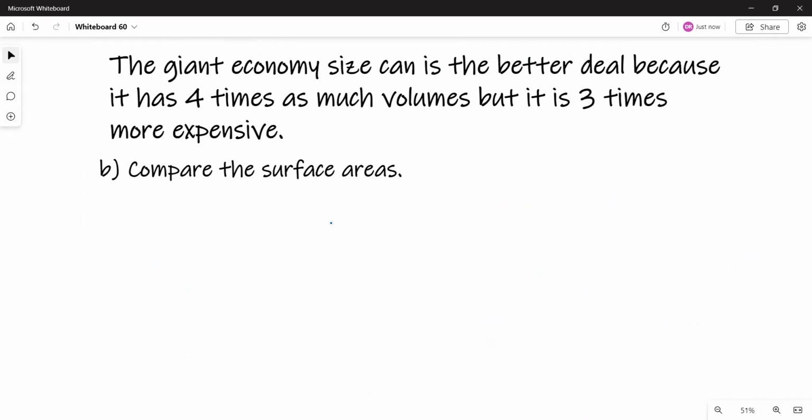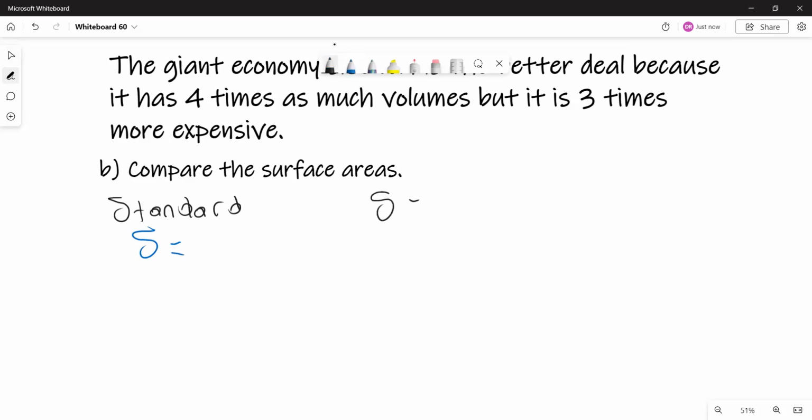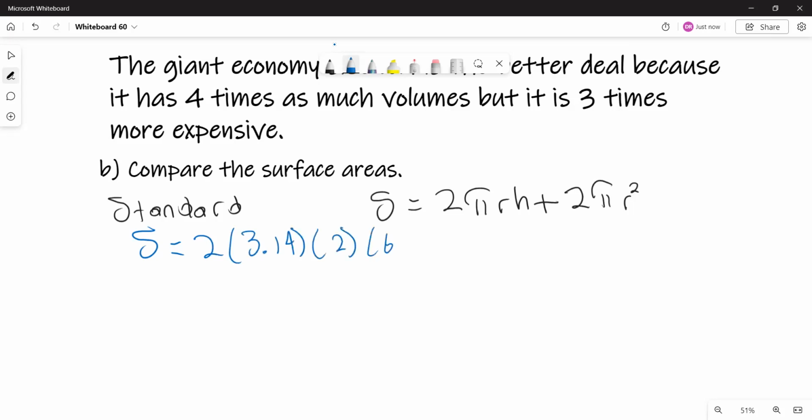Okay, so the surface area of the standard size is going to be, remember the formula? The formula for the surface area is 2 pi r h plus 2 pi r squared. So for the standard, that's going to be 2 times pi, which is approximately 3.14, the radius is 2, the height is 6.